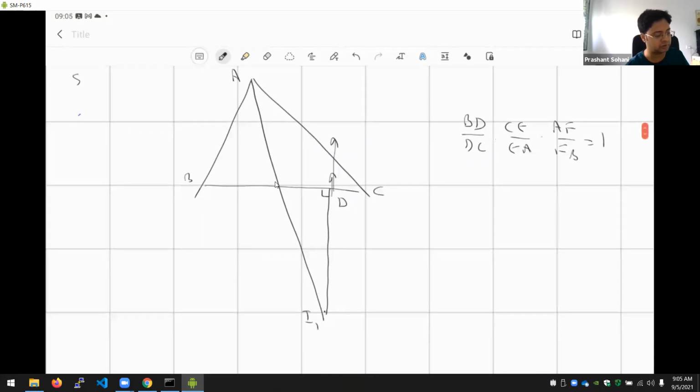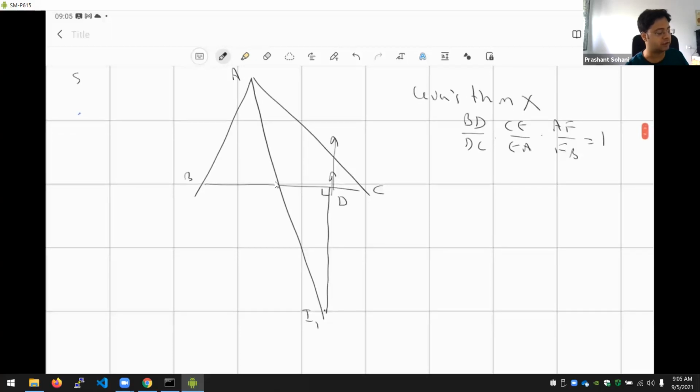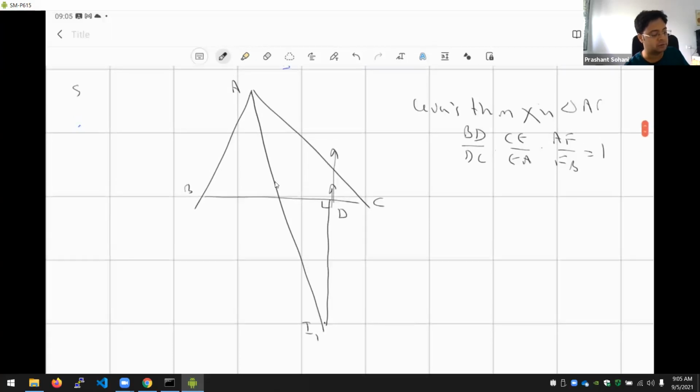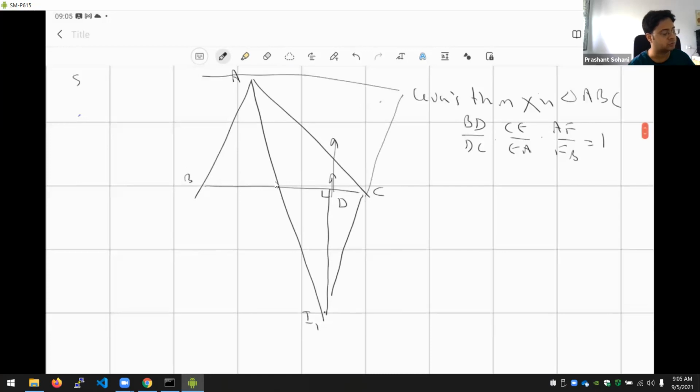So you cannot use Ceva's theorem, at least not in triangle ABC. You can still use Ceva's theorem in triangle I1, I2, I3. That will actually be the trigonometric form of Ceva's theorem. In triangle I1, I2, I3, the line you're interested in is this one. If you look at the angles formed here, by some angle chasing you can see this angle is exactly C by 2, and this angle will be B by 2.